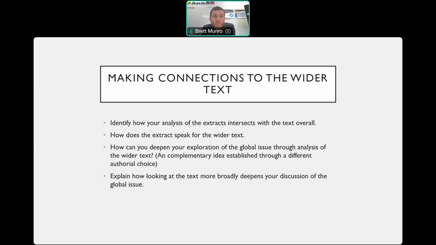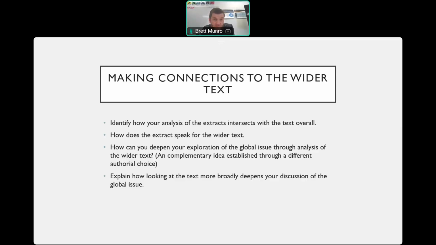So what should we do to make sure that we're making effective connections to the wider text? We should identify how your analysis of the extracts intersects with the text overall. How does the extract speak for the wider text? And how does the wider text say other unique things that enable the author to explore the global issue in different ways?